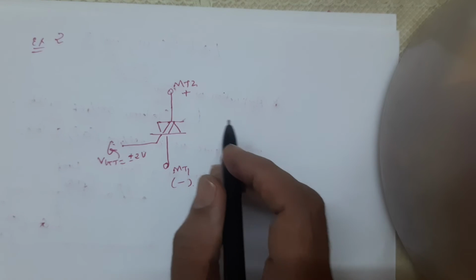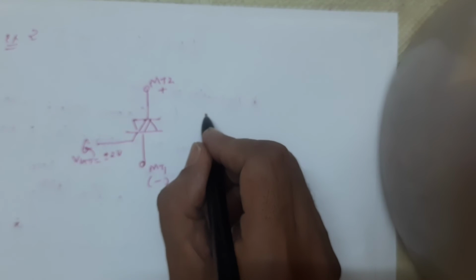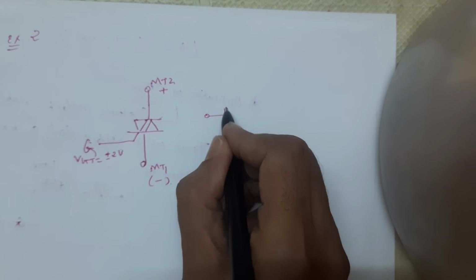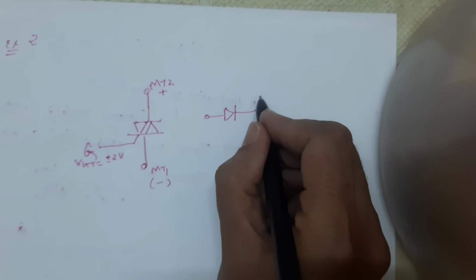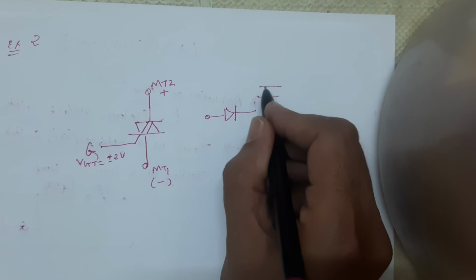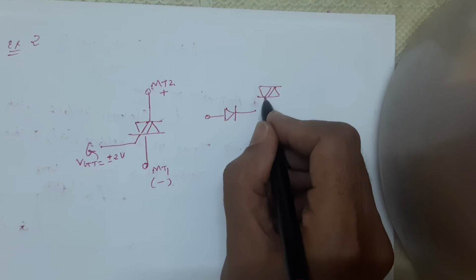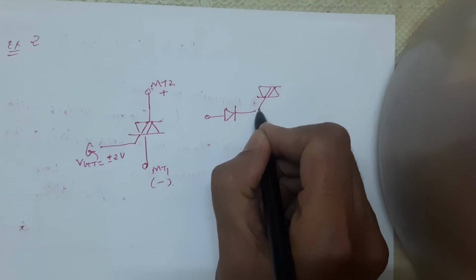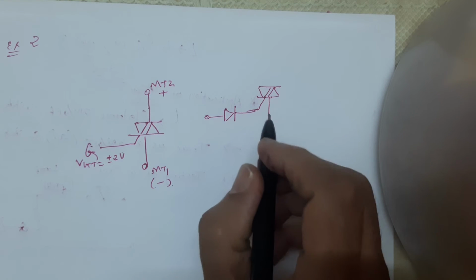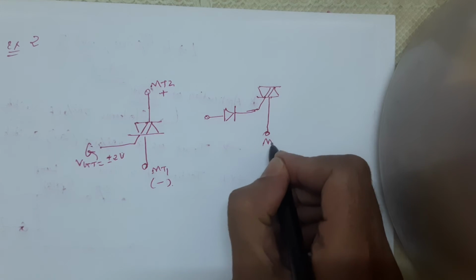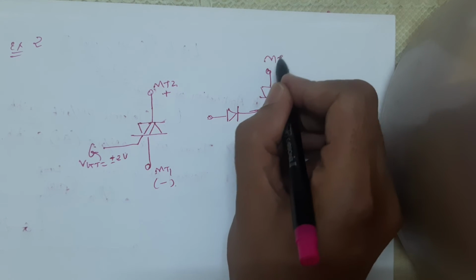And the second circuit for this example is one diode is connected here. This is your diode. Then these two terminals are our triac. This is your gate, this is your MT1, MT2.